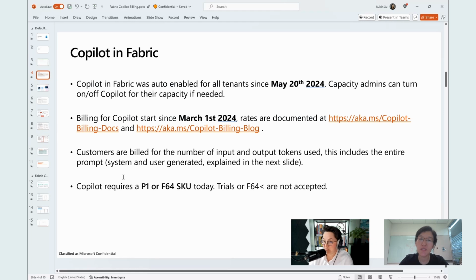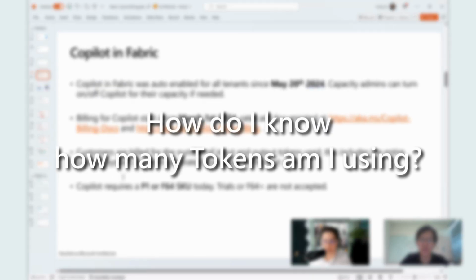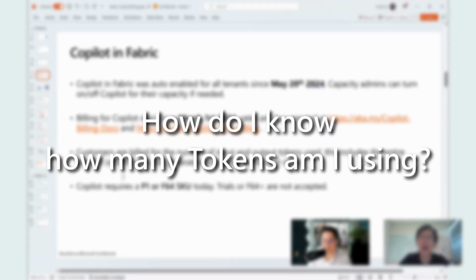Many times we play with Copilot by sharing our code, so the mapping between input and output and tokens happens behind the scenes, right? Do you know any tools that help our customers estimate or monitor how many tokens they are using? Yes.